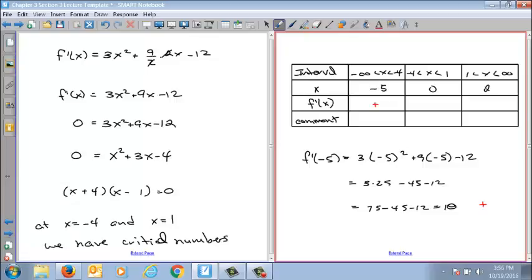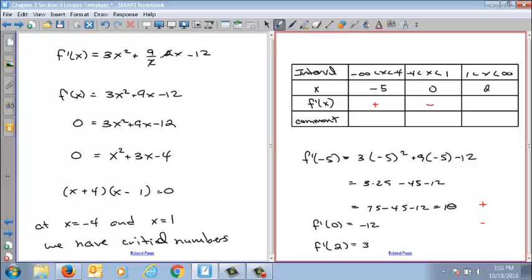Okay, f prime of 0 is going to be easy because I just plug 0 in and I get negative 12. And that sign is negative, so that goes there. And not surprisingly, if I do f prime of 2, I'll get a positive number because it usually goes plus, minus, plus.